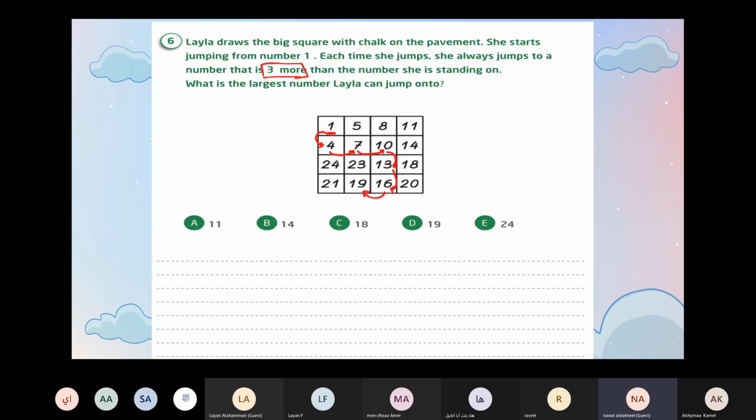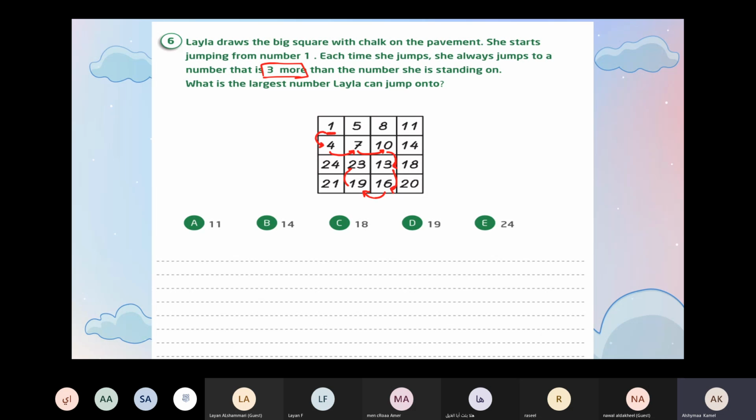Okay, from 19 to 23, how many steps? How many jumps? Is it 3 or 4?